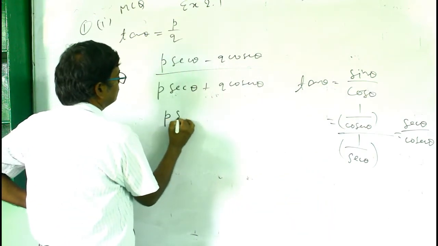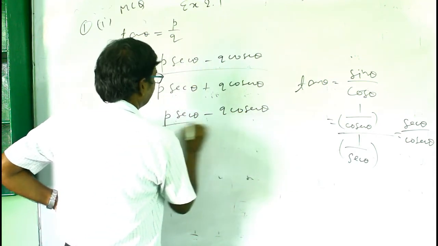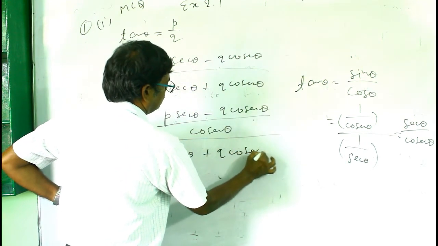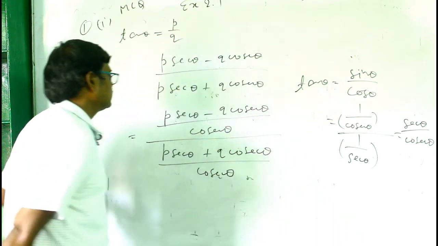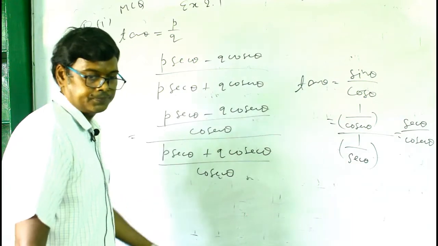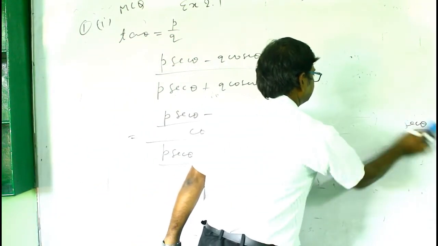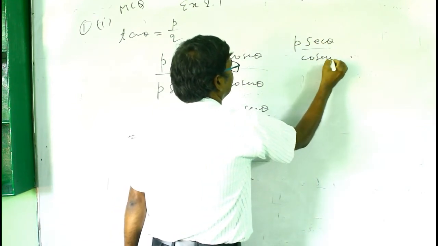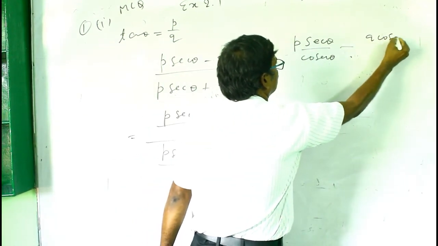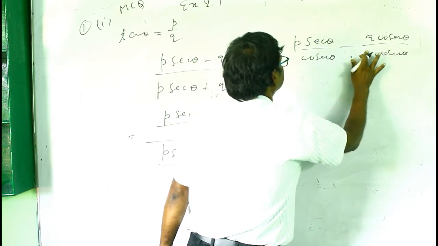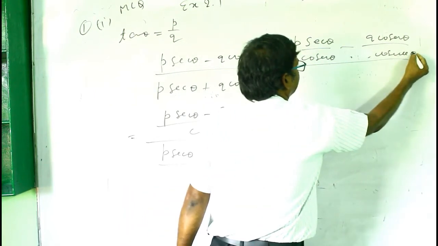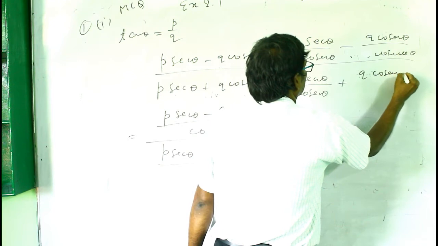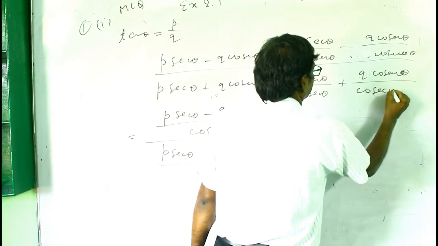So here first divide the numerator and denominator by cosec theta. So what we get here, that is p sec theta by cosec theta minus q cosec theta by cosec theta, divided by p sec theta by cosec theta plus q cosec theta by cosec theta.